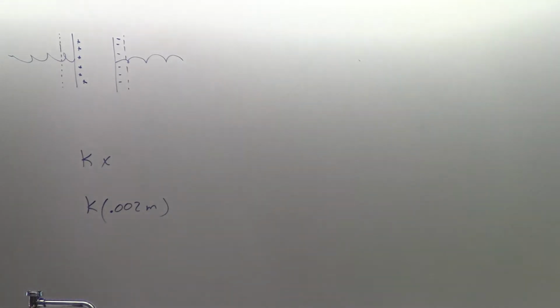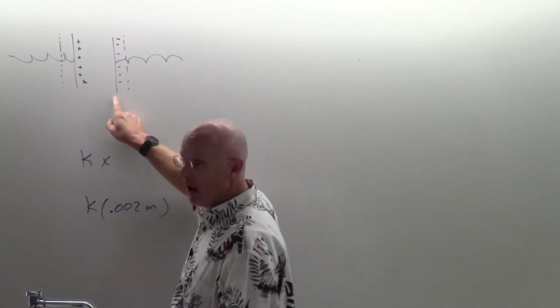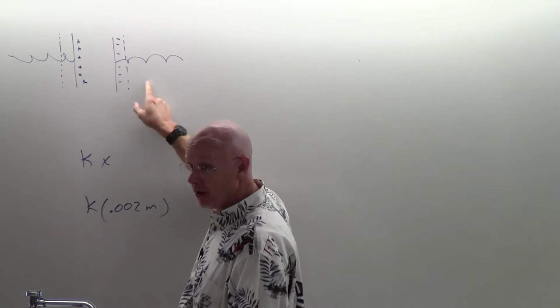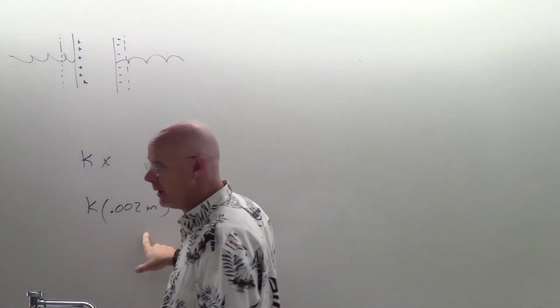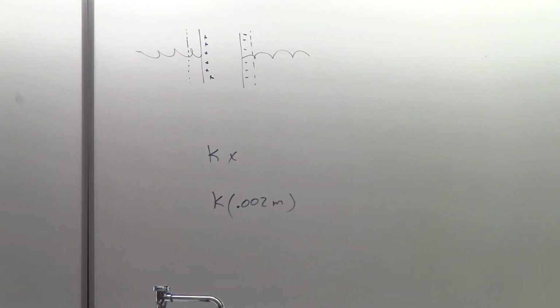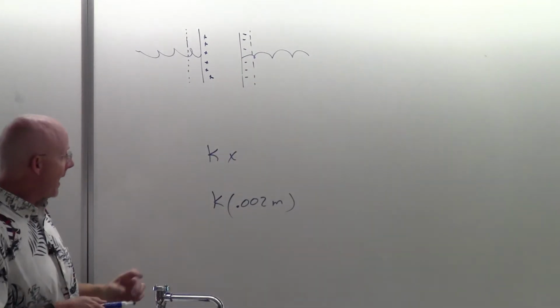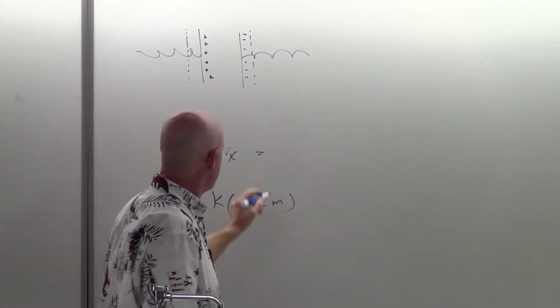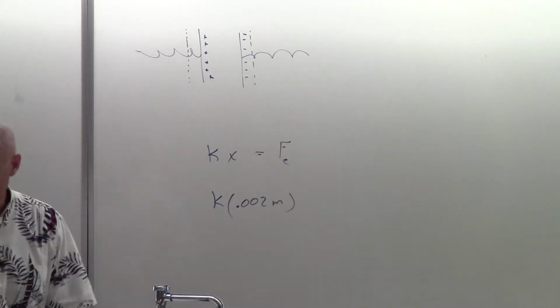So if I'm looking at the force from one spring, say on this plate from this spring, didn't this spring only stretch 2 millimeters? The other one pulled in, sure. But if I'm trying to find the spring constant on this spring, what I need to know is that the forces are balanced at this point.